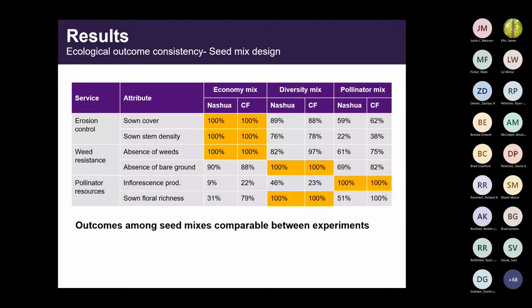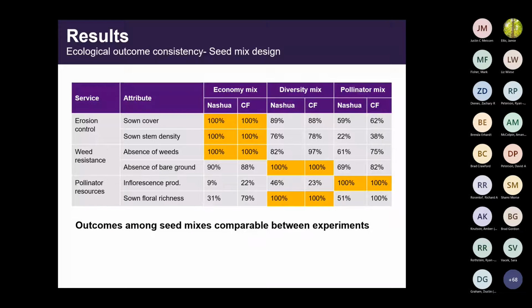So basically, more similar numbers between experiments within each mix shows more consistency of effect. So what we see when we take all this together is that the differences in ecosystem service provision between seed mixes were generally pretty comparable between the two experiments. The economy mix was best at sown cover and stem density in both sites, whereas the diversity mix excelled the same way at bare ground absence and floral richness.